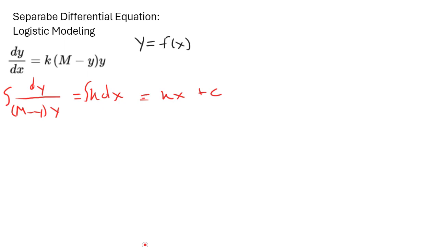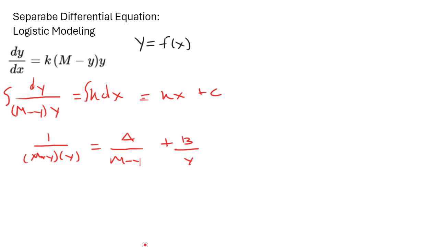So, for example, if we have 1 over m minus y, times y, using partial fraction decomposition, we could write this as a over m minus y plus b over y.